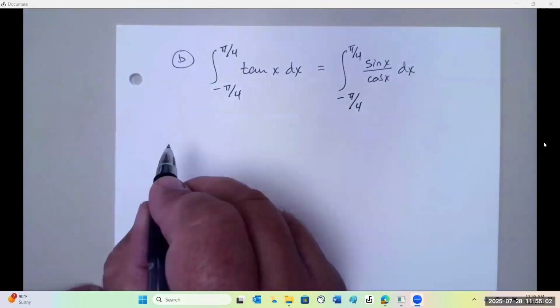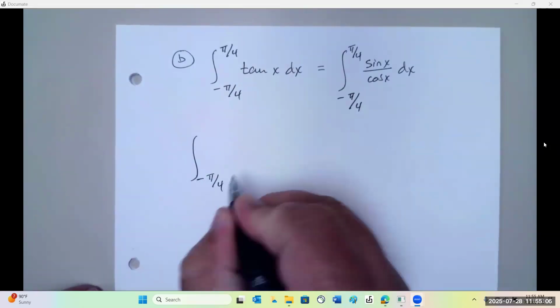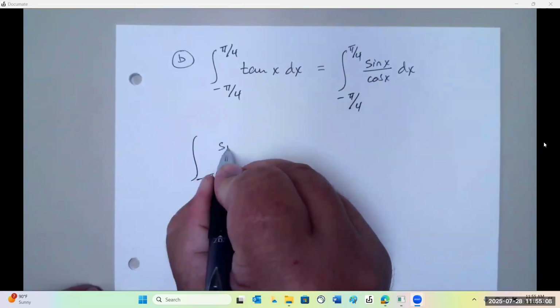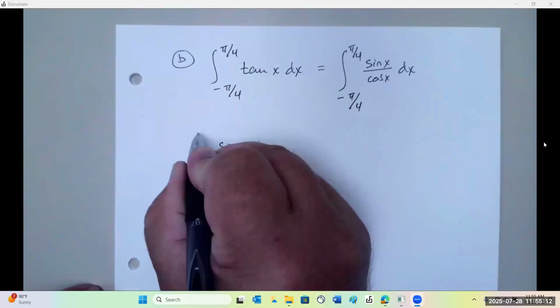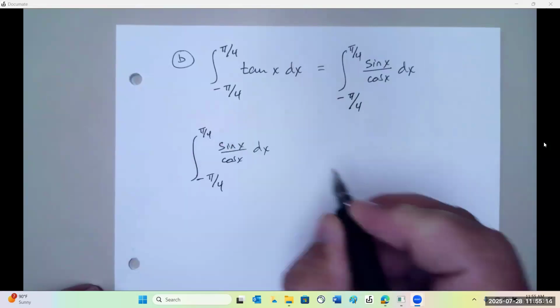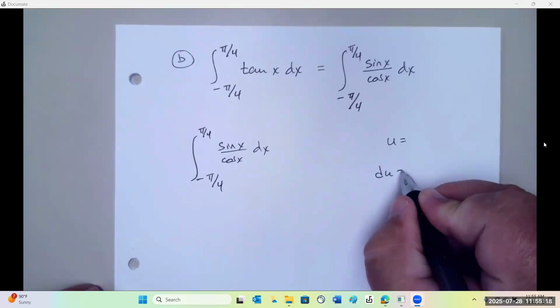So in this case, we have sine over cosine dx, from negative pi over 4 to pi over 4. So what is our u going to be, and what's our du going to be?